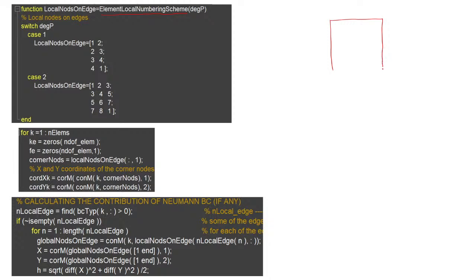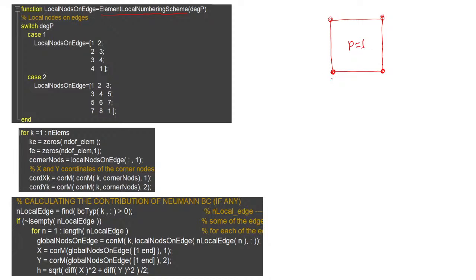So here what we have done in this piece of code is, for degree p equal to 1, if I take a quadrilateral element, then as you know, for the steady state heat conduction problem we have 1 DOF per node, and we have 4 nodes, and these nodes are actually coinciding with the vertices of the quadrilateral.